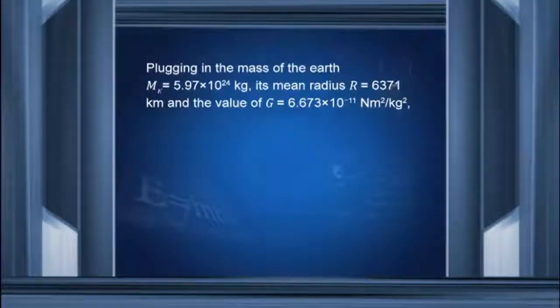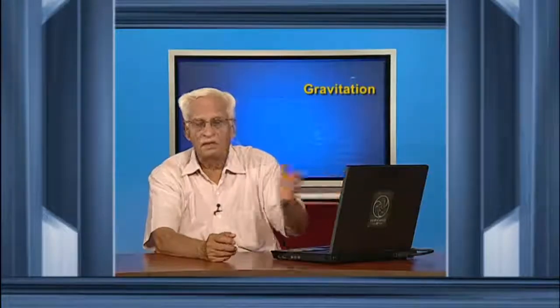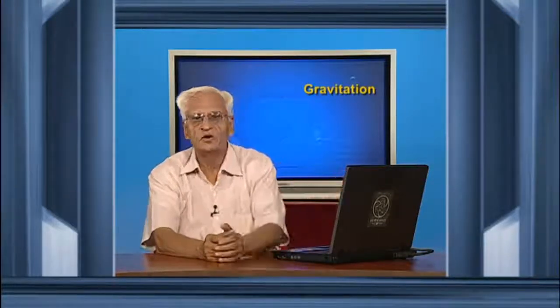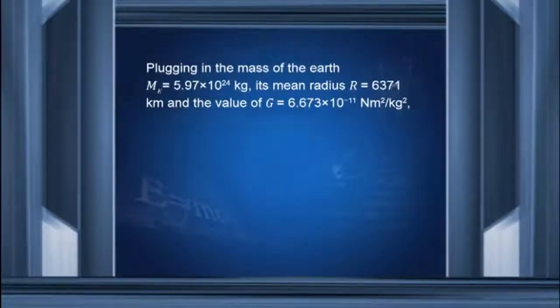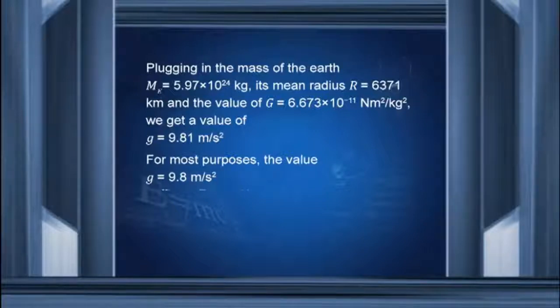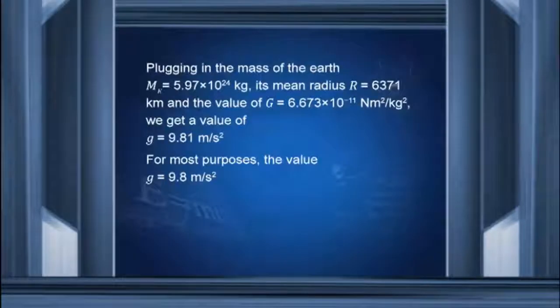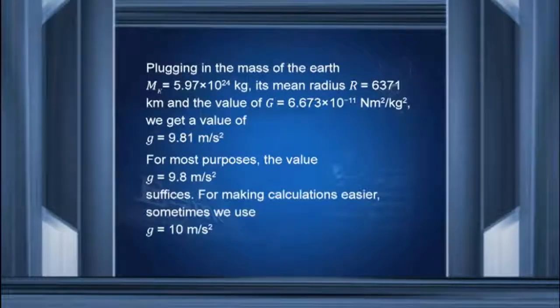And if we plug in the values, mass of the earth and radius of the earth and the value of G, which you remember was determined by Cavendish, then we get the value of small g, acceleration due to gravity, which is equal to 9.81 meters per second square. For most purposes, we shall use g equal to 9.8 meters per second square. In fact, to make things easier, sometimes we will use g equal to 10 meters per second square.